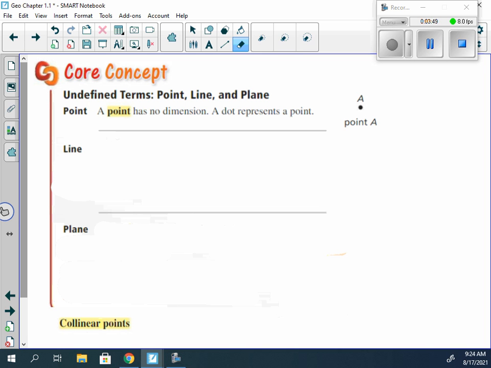It is essentially a location. A point is a location. And it is considered one of the undefined terms. And probably when you were doing the vocab yesterday, you noticed that it did say undefined, one of the undefined, a undefined term. These 3 here are considered to be the 3 undefined terms.